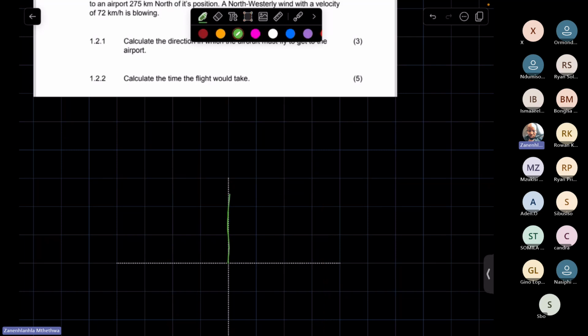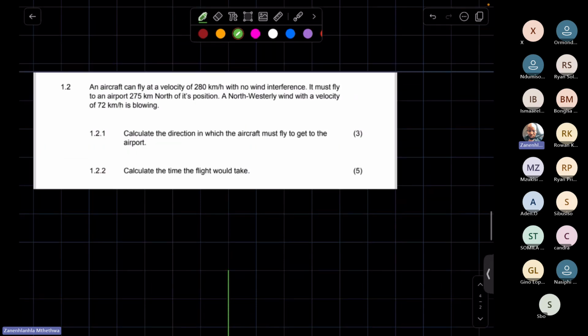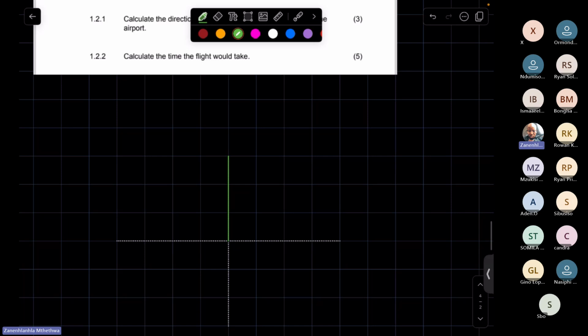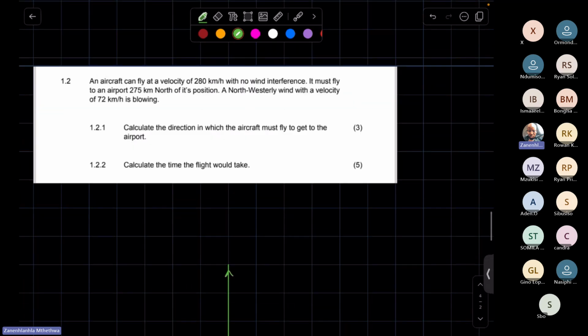They said this must fly to an airport 275 kilometers north of its position. So we know that the aeroplane must end up directly north after flying 275 kilometers. Essentially, we have the direction of the resultant, and we also have the direction of the wind vector.